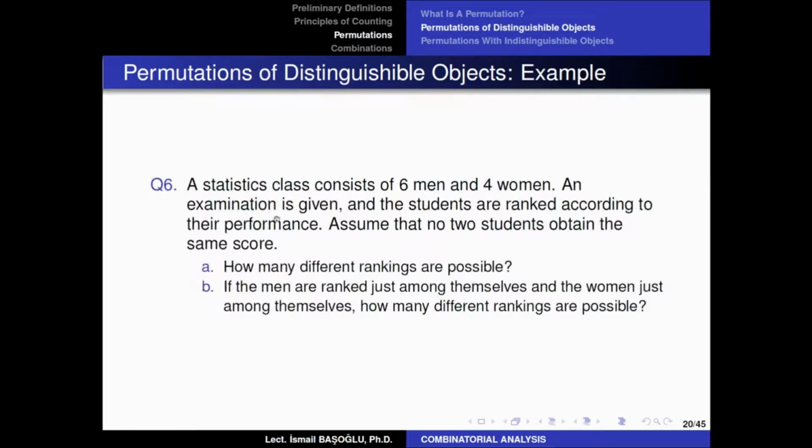Now, for the second part, the question asks, if the men are ranked just among themselves and the women just among themselves, how many different rankings are possible? So the men are going to be ranked among themselves, and in a neighboring list, the women are going to be ranked among themselves. How many different rankings are possible? We have the first experiment here.